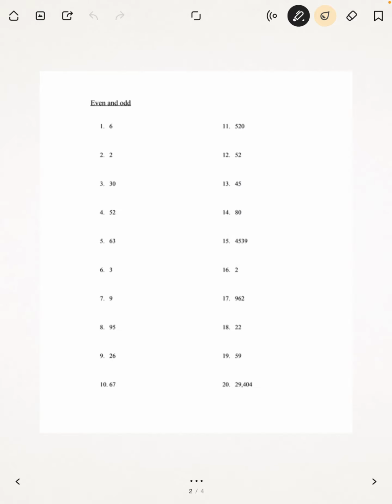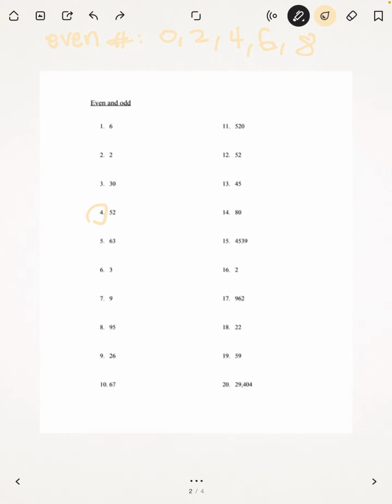The next topic we're going to be doing is even and odd numbers. We're going to first do number 4. An even number, let me write it over here. An even number is any number with 0, 2, 4, 6, 8.